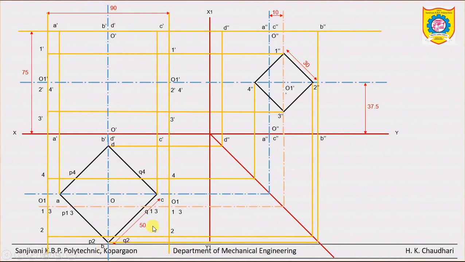Okay. Now see, the next step is to locate the position of the observer. This is the observer position, and similarly here. When we observe the intersection from this direction and from this direction, we can draw the front view of the given intersection. So now just start.